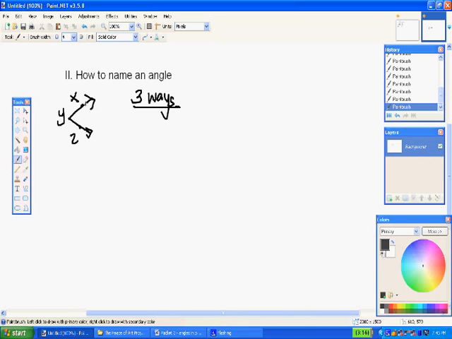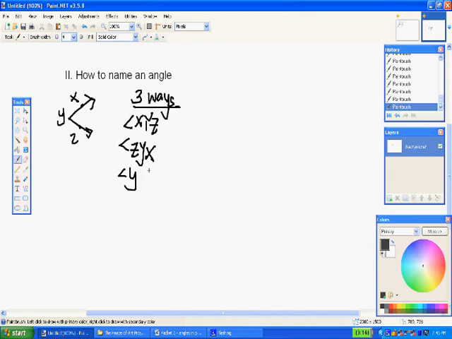The first way is I can go from the top to the bottom, so angle X, Y, Z. The second way is I can go from the bottom to the top, so Z, Y, X. And the third way I can name this angle is simply using the vertex.